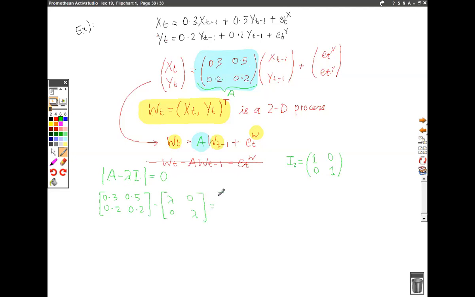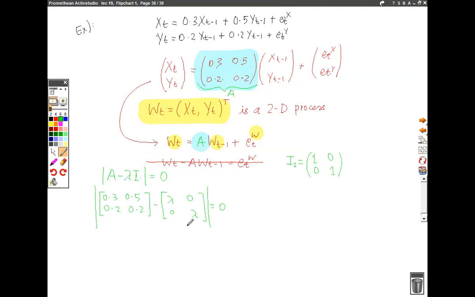And now this should be equal to 0. Actually, this shouldn't be 0. The determinant of these should be 0, right?